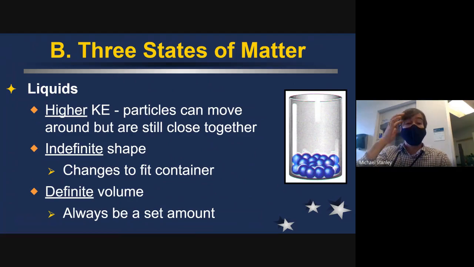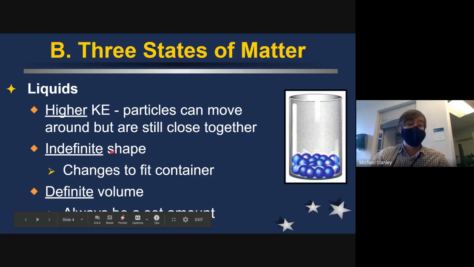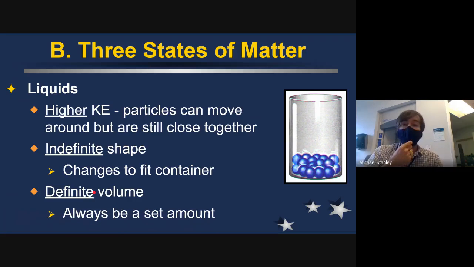Liquids do, though, have a definite volume. So they don't have a definite set shape, but they do have a definite volume. Meaning that if I take one fluid cup of water and pour it into my water cup, and then pour that into a pan, that pan is still going to have 1 cup of water.